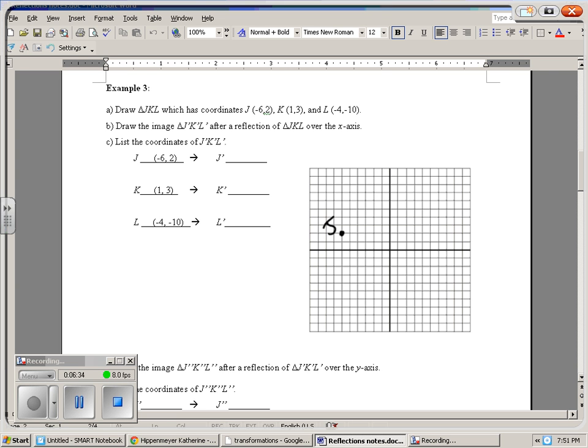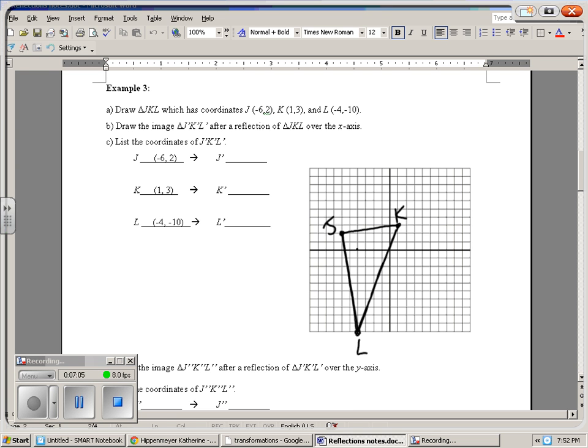And I'll label it J. It's very important that you label it right away because sometimes you forget which is J, which is K, which is L. K is 1, 3, and L is -1, 2, 3, 4, and then -10. And then why don't you go ahead and connect those. I'll do my best to make them look straight. And there's our triangle JKL.